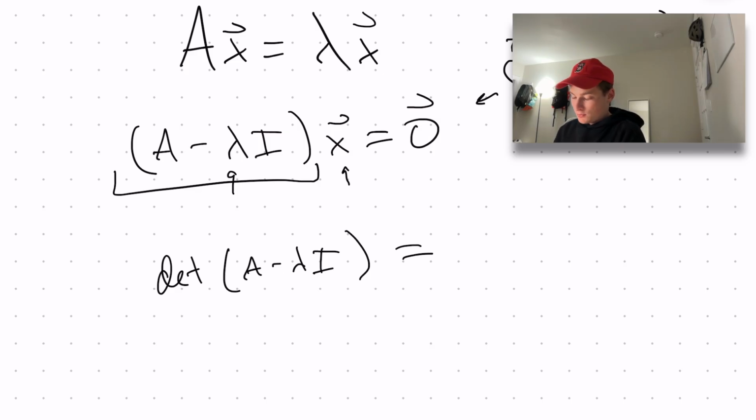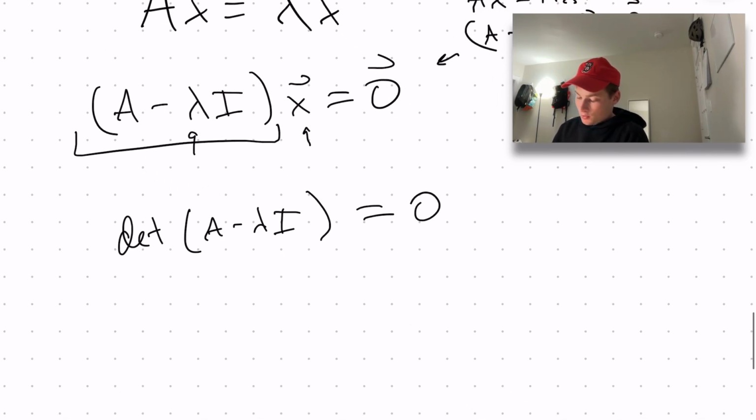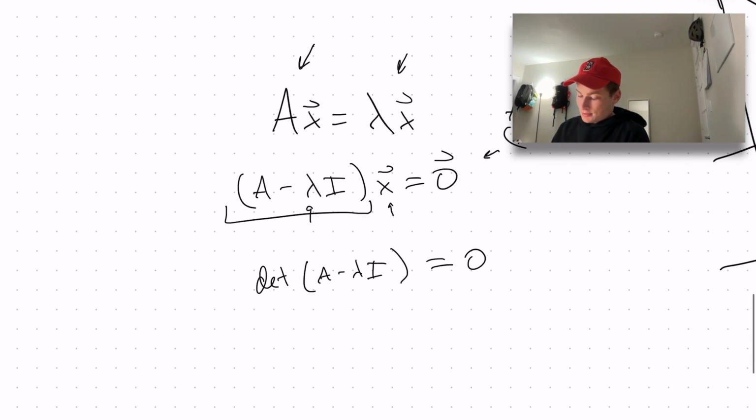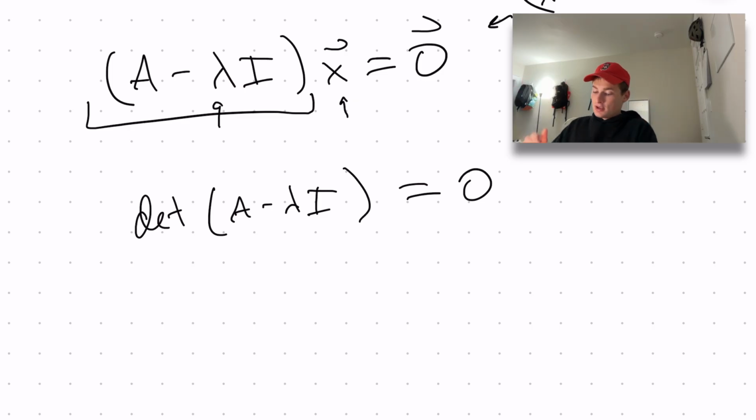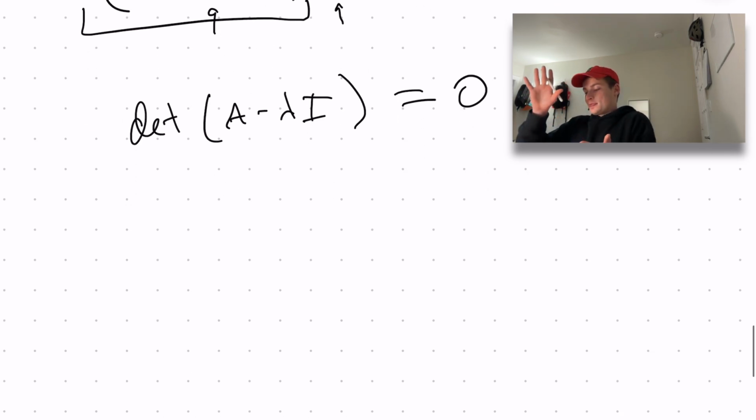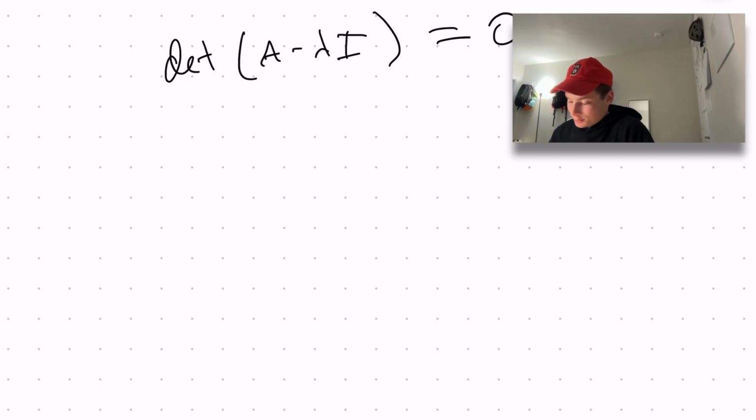Because like I said before, this is solving for all of the lambdas that will turn this matrix into a transformation that squishes things and changes the dimension. It's hard to write that down, but that's how we're going to visualize it.